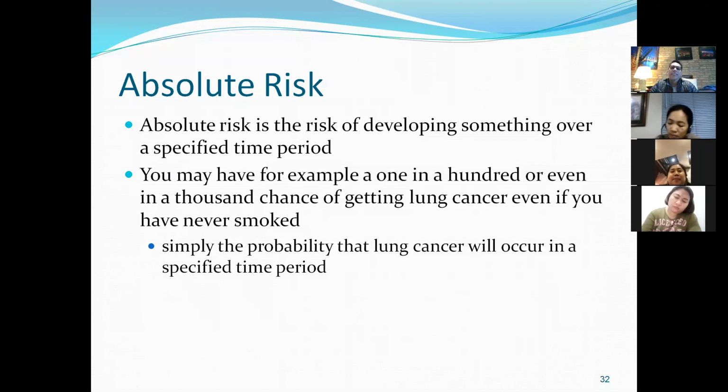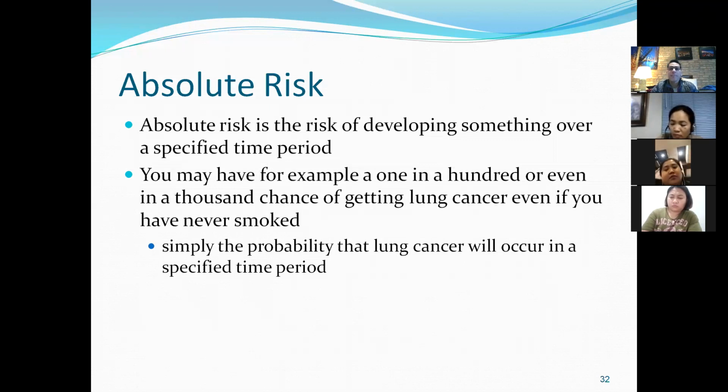So for example, what is the probability of developing lung cancer in an individual who smoked for 20 years? So that's what you call absolute risk. You really put in the exact number of years of exposure to the factors that can cause the disease.